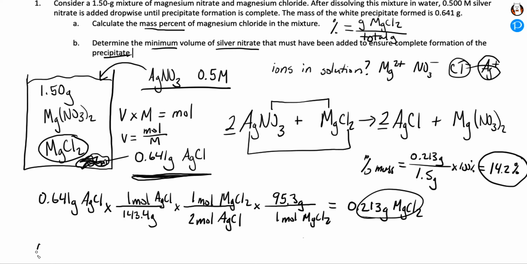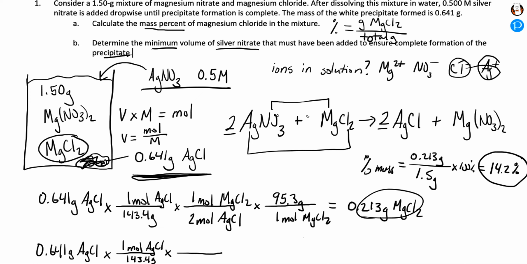So I'm going to start with that 0.641 grams of AgCl. I want to convert from grams of this to how many moles I had, so my first step is getting into moles of AgCl, just like I did before. So 1 mole of AgCl over 143.4 grams. Then I want to get to moles of silver nitrate.